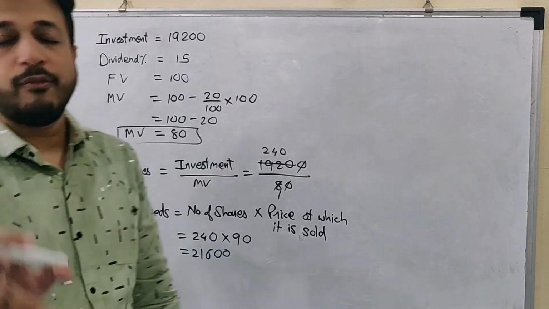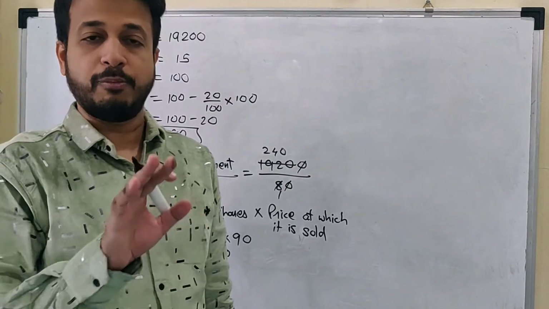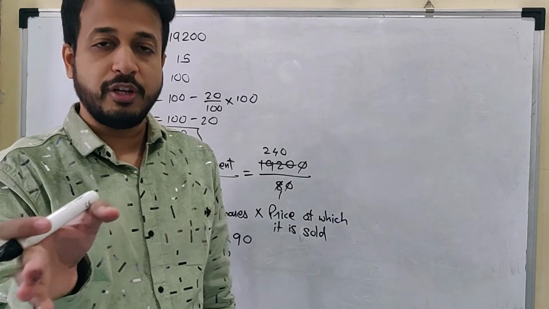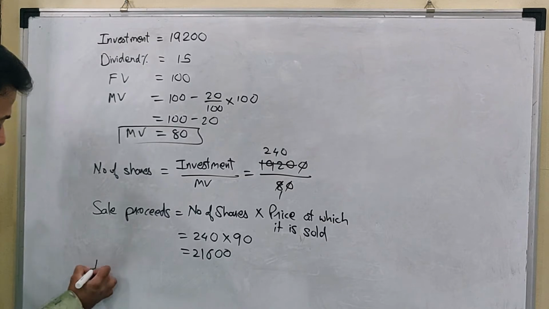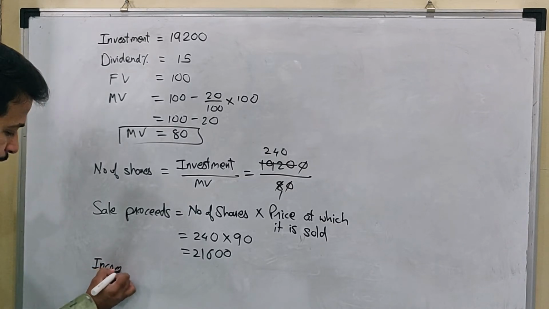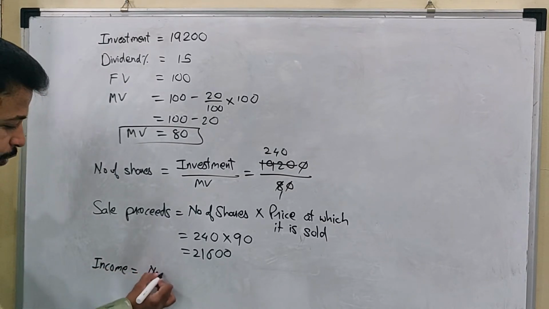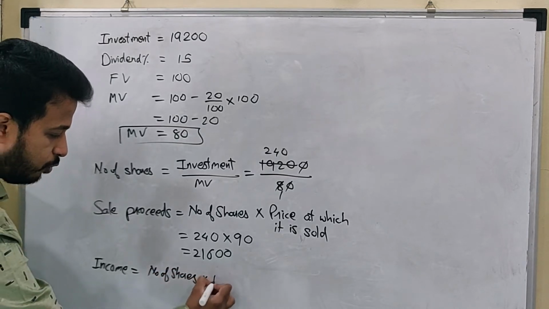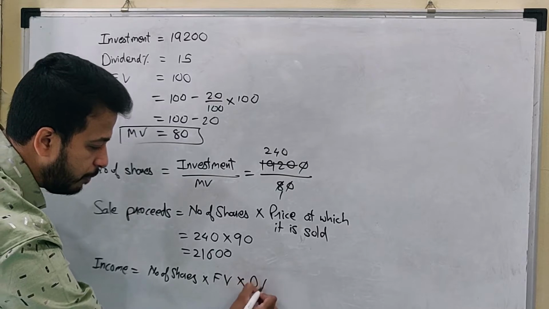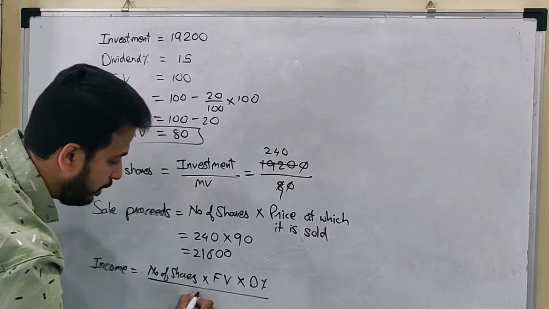But in this question they have also told you to find the income of the first part, the dividend for the first year. Dividend means you have to find the income. So what is the formula for income? Income is equal to number of shares into face value into dividend percent upon 100.